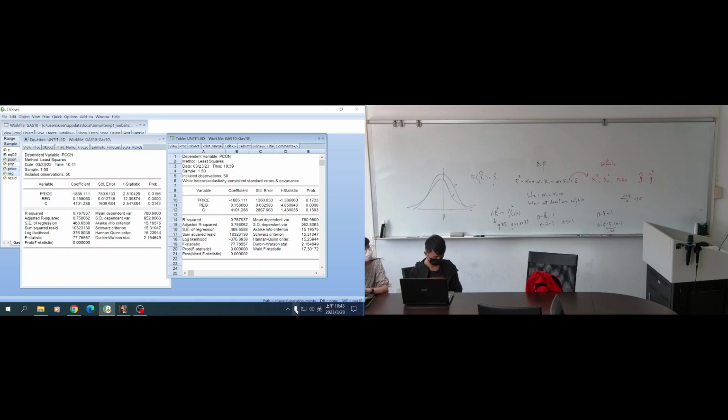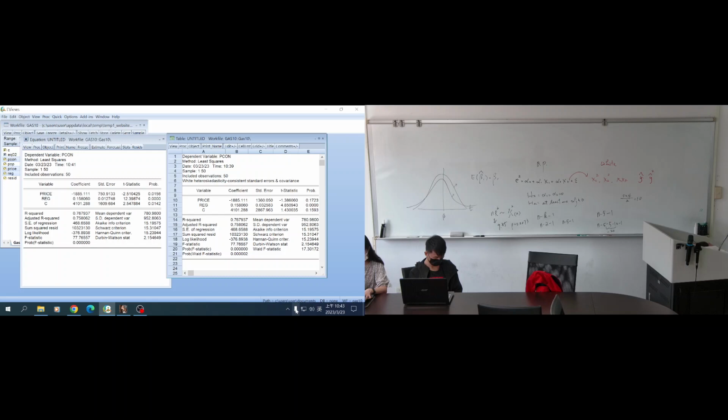For the original one, price and REG are both significant because the p-value is less than 10%. I'm just using 10%. You can use 1% or 5%, either way. And since 10% is allowable in the business area, I don't know about engineering, as long as it's less than 10%, it's okay.